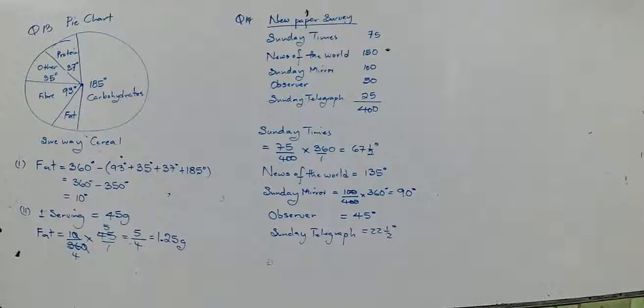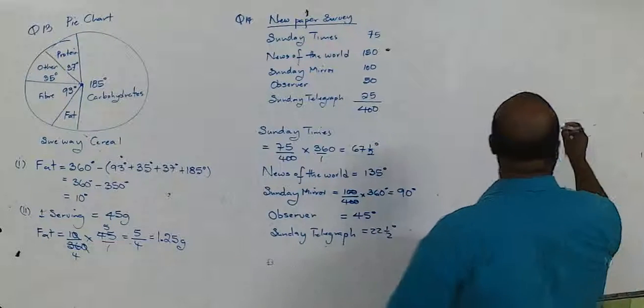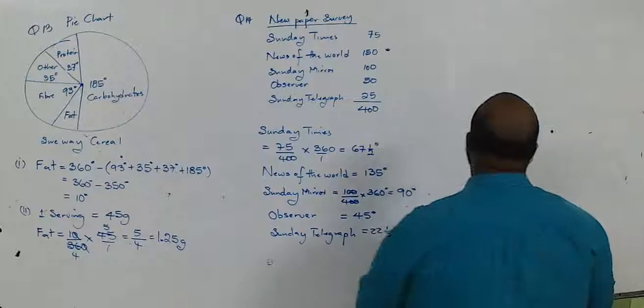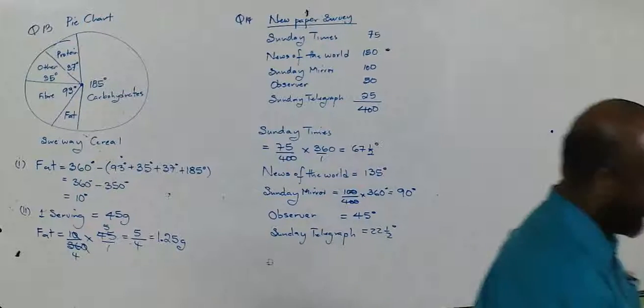Now, we're told to represent this on a pie chart. Here's the first thing I would do. I would put a dot. That dot is representing the center of my pie chart.